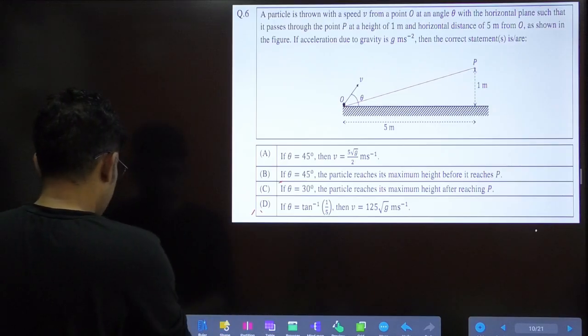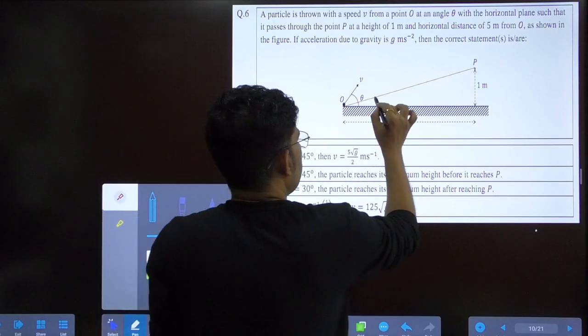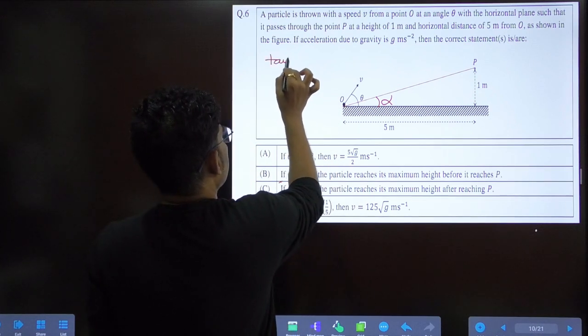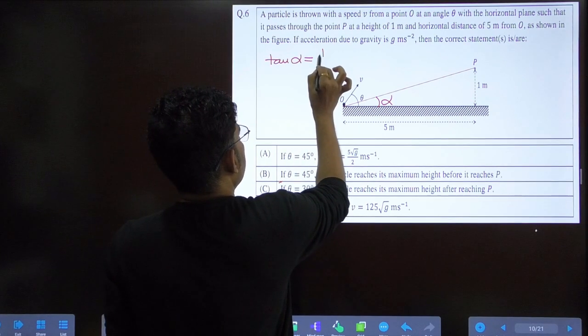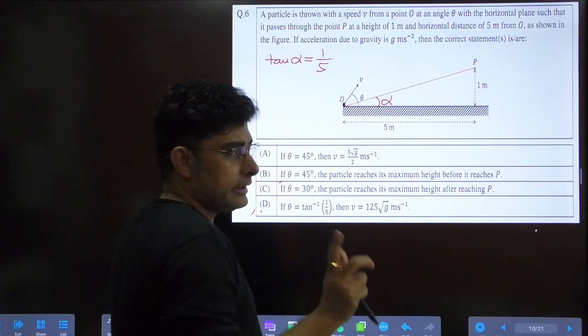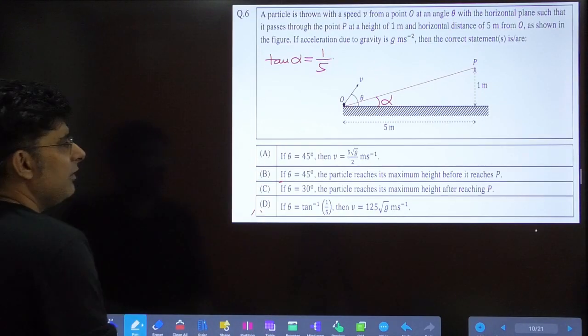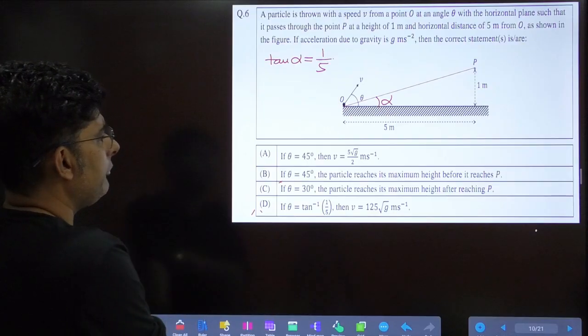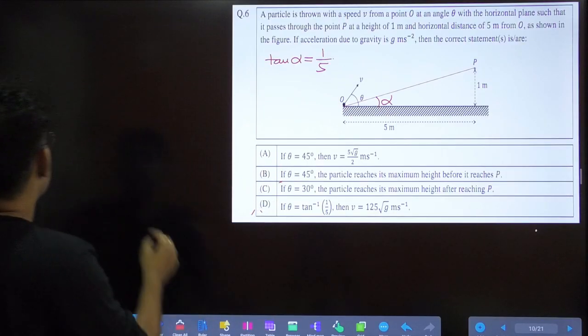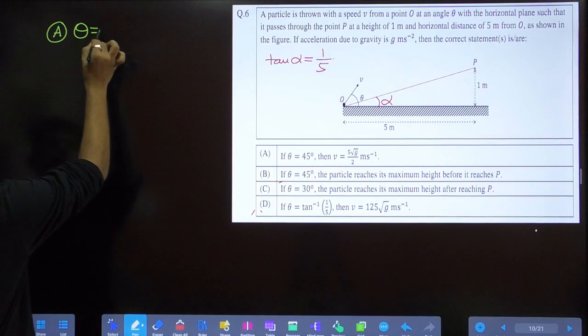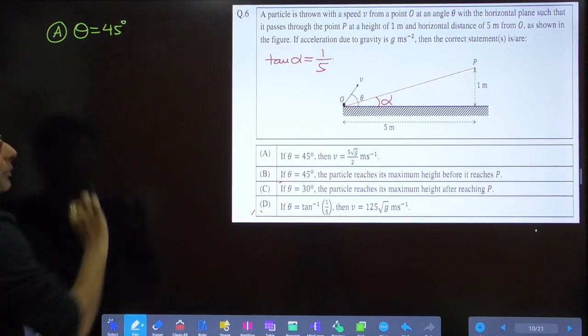So here what I am saying is, if I take this angle say as alpha, so first of all let's find this value tan alpha. I can write it as 1 by 5. Now why I am writing this, you will understand it soon. Next, if we are asked in option A that theta is given as 45 degree, what will be the value of the speed of projection?